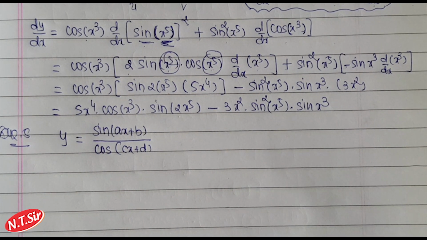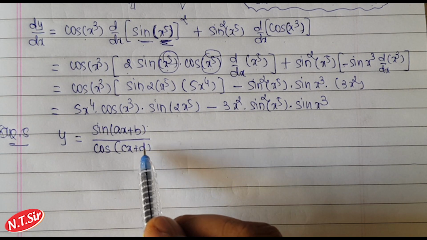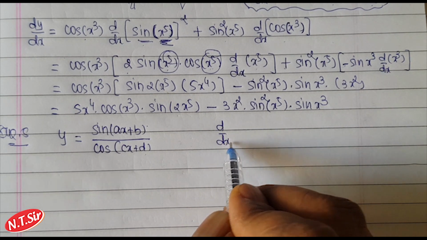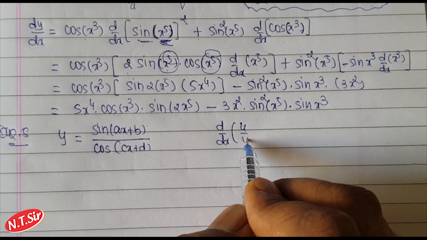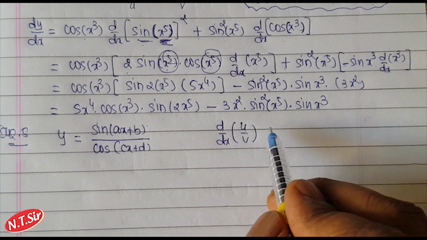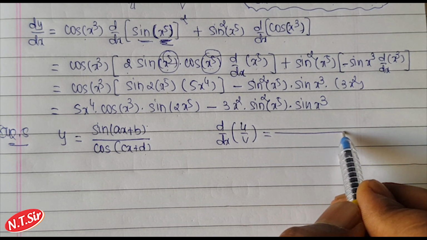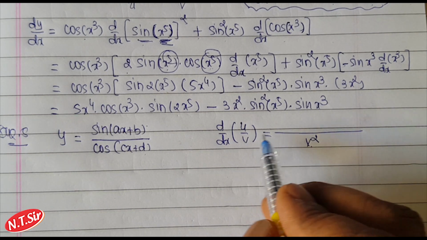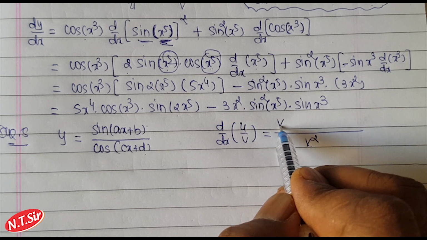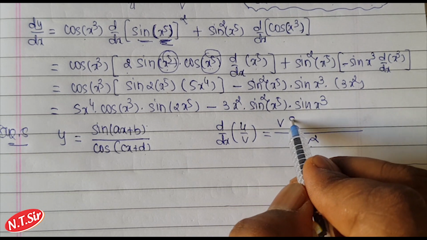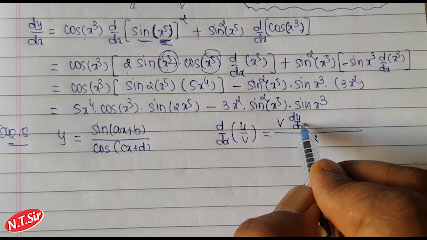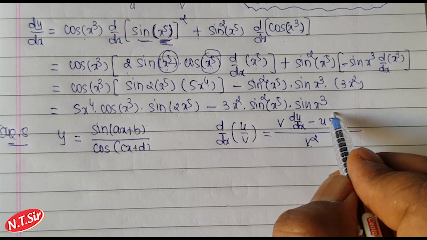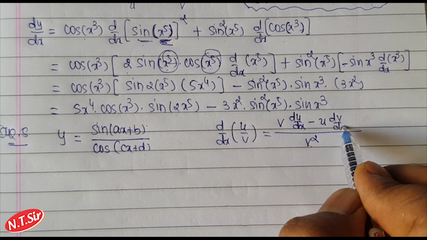So this given function is of u upon v form. So we know derivative of u upon v is equal to, in denominator square, that is v square, denominator as it is, that is v as it is, derivative of numerator, that is du by dx, minus numerator as it is and derivative of denominator dv by dx.